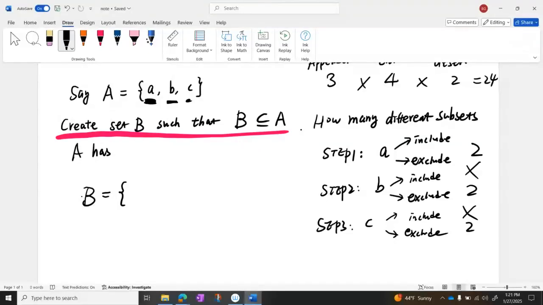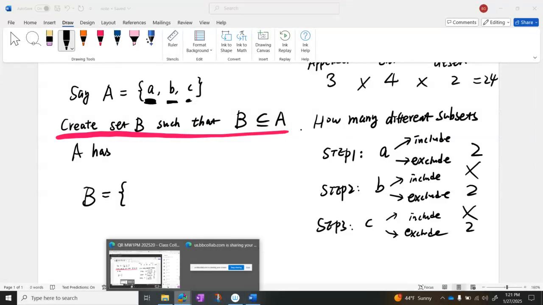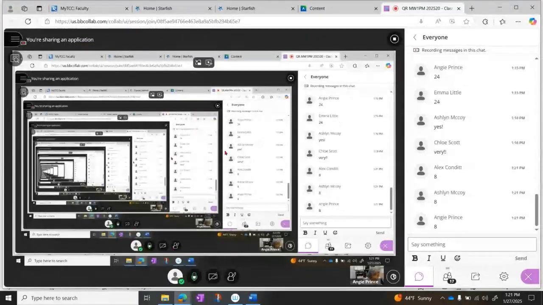My process here has 3 steps. The first step, include or exclude element a, so I have 2 options. Second step, include or exclude b, also 2 options. Third step, include or exclude c, also 2 options. So together, awesome, you guys are great. Fundamental counting principle, right?